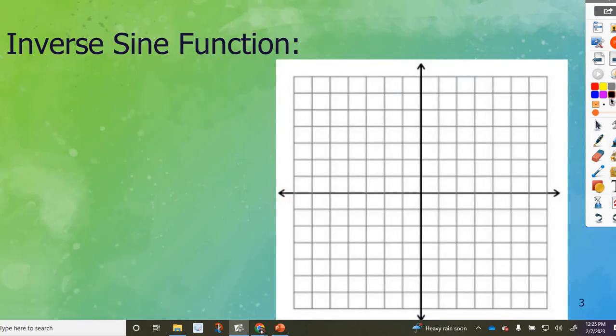Same thing. So we have y equals sine of theta. We want to find the inverse of that.